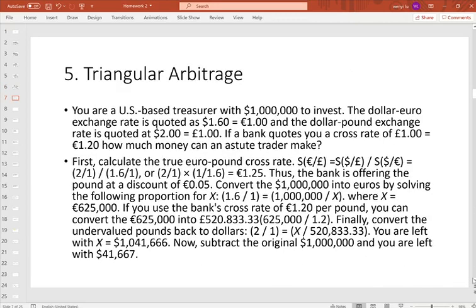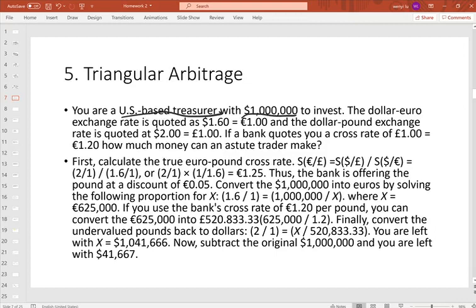Let's go to the next one. You are also US-based treasurers. You also start with $1 million to invest.